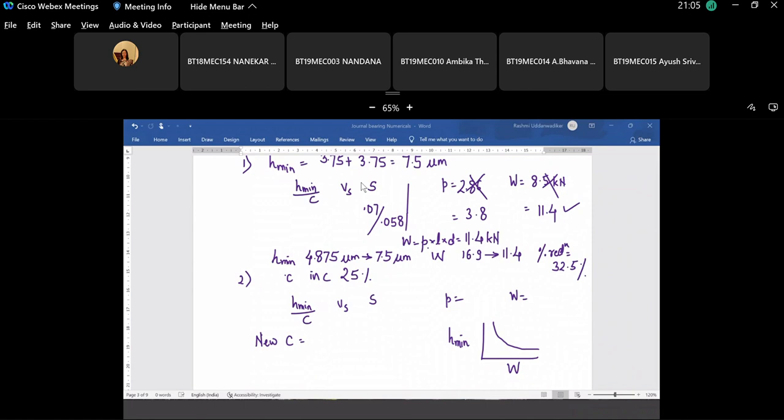Give me the answers quickly. 0.03125. Which H minimum you want to take? 7.5? If we are going with this as H minimum, what is H minimum by C?